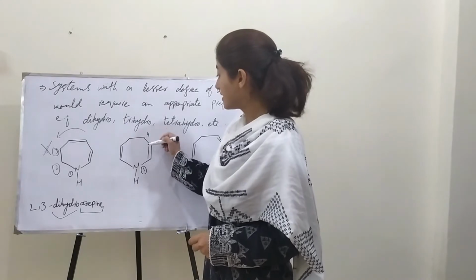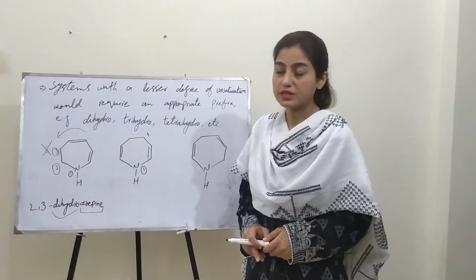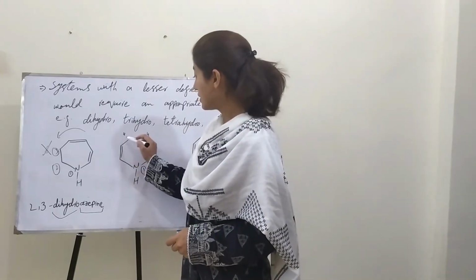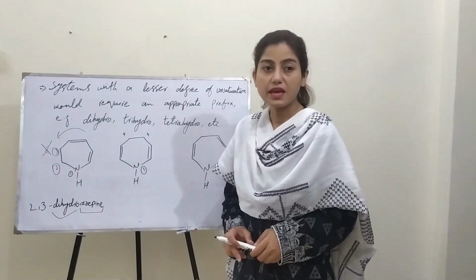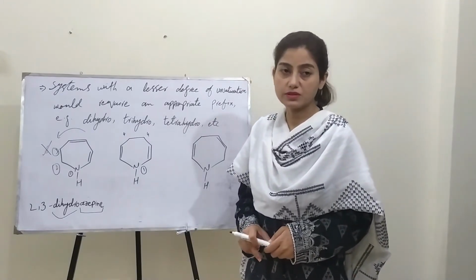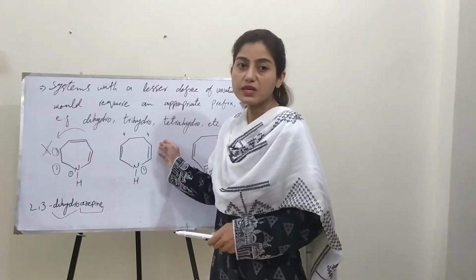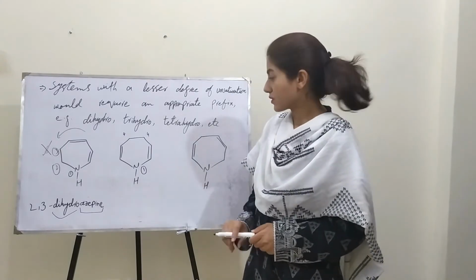In this case, this is like 1, as always starting from the heteroatom, then 2, 3 and 4. Here along this side, the 4th carbon is the saturated one, and along this direction also 1, 2, 3 and 4. So along both of these directions, the saturated carbon is at an equal number. In such cases, we may give the numbering from either side.